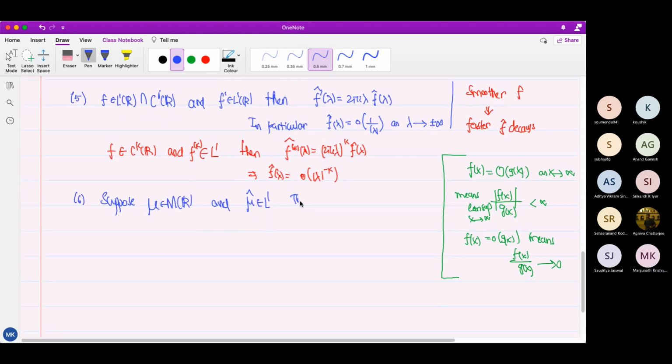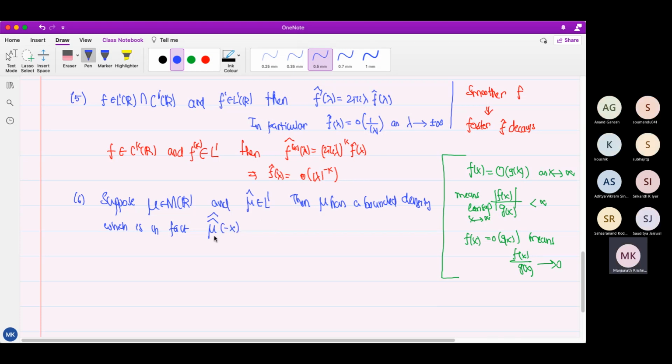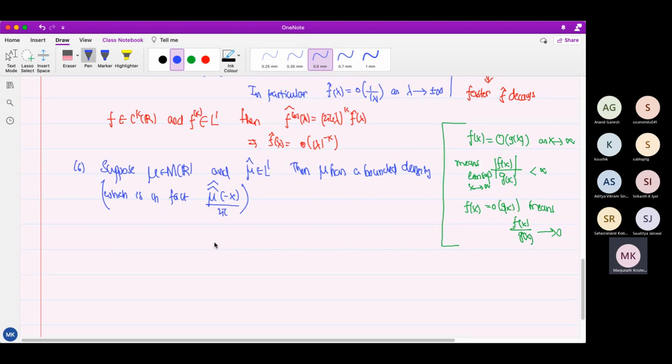Then mu has a density, which is in fact mu hat at minus x divided by 2 pi. We will see in the proof that you can get the density from the Fourier transform by taking another Fourier transform at minus x and dividing by 2 pi.